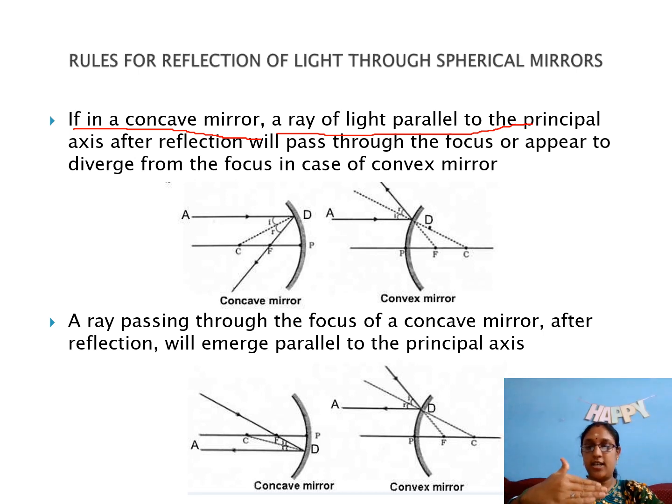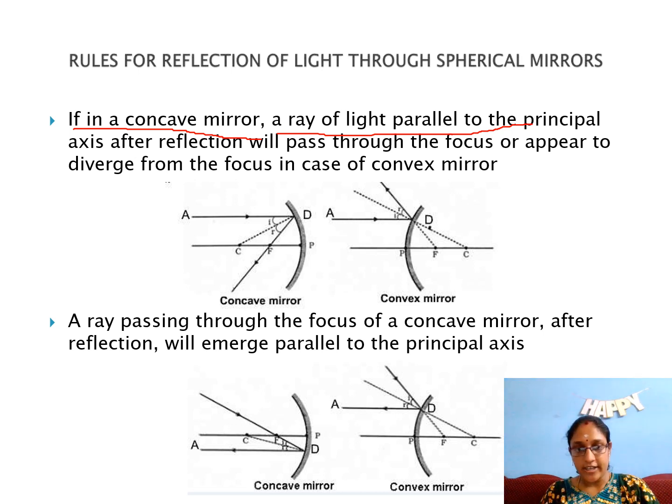A ray of light parallel to the principal axis strikes the concave mirror, and the reflected ray passes through the focus. We have already seen this in the previous slide. This will be your incident ray and the reflected one will be your R.